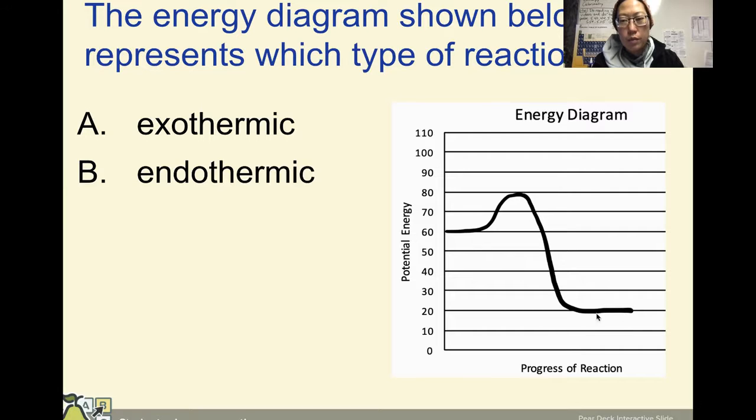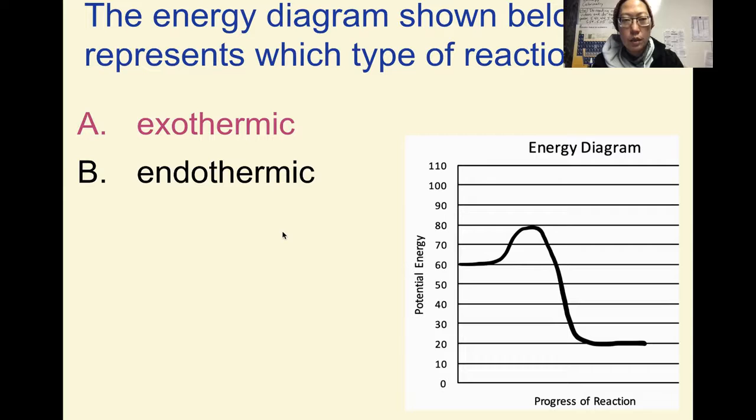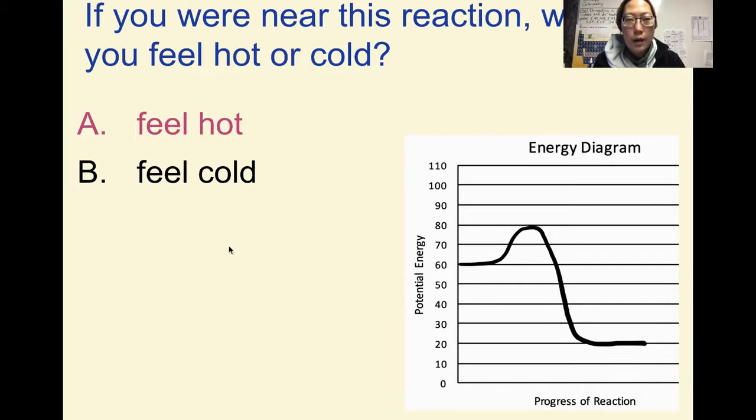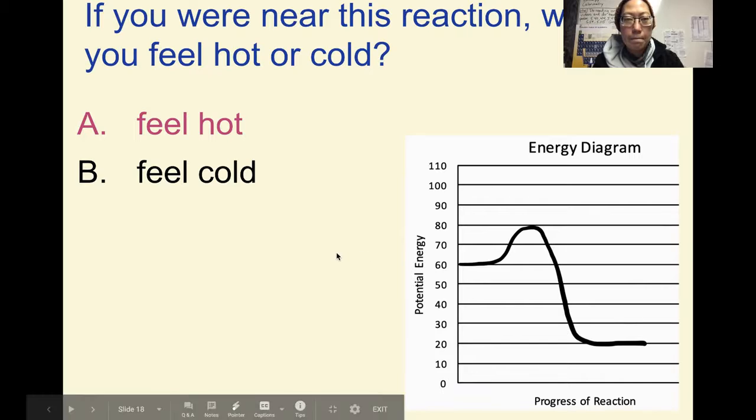Well, we see that the products are lower in energy than the reactants, so this is exothermic. The reactants have released energy to form the products. Since this is exothermic, if I was near this reaction, I would feel hot. It's releasing heat, and I would feel that heat.